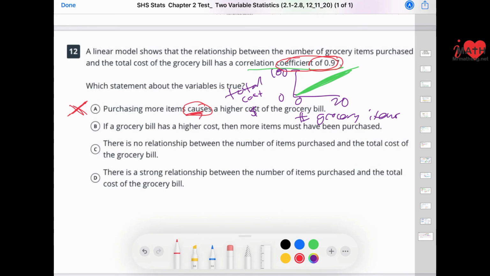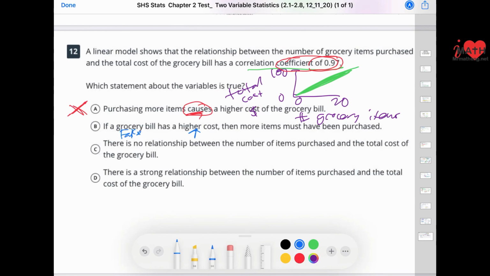Don't use that one. B: If a grocery bill has a higher cost, then more items must have been purchased. That's a strong statement saying if, then it must be this. And I would say this one is false.